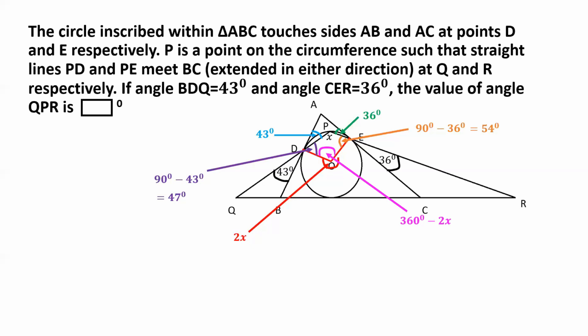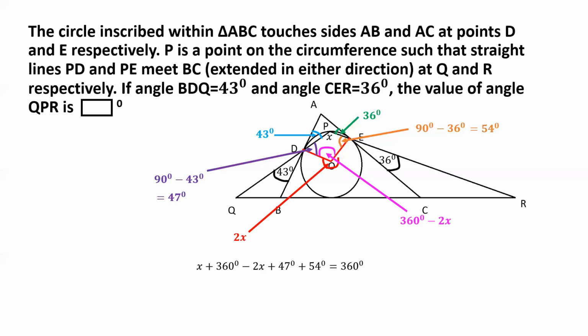Now consider the quadrilateral PDOE. The sum of the angles within this quadrilateral should be equal to 360. So we can write x plus 360 minus 2x. So these are the two angles. And the other two angles are 47 and 54.